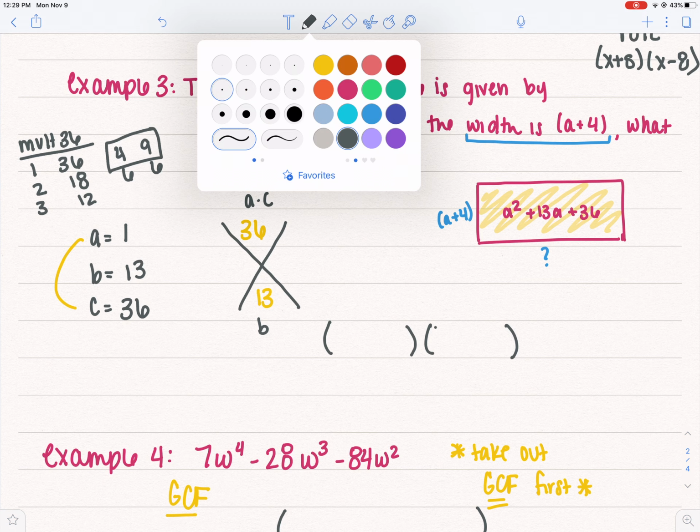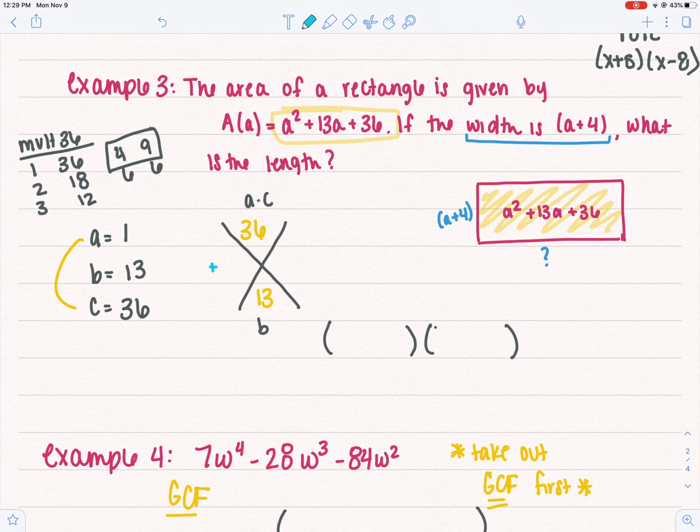Because everything is positive, my two factors are going to be positive 4 and positive 9. By everything being positive, I mean because A times C is positive and B is positive, I know that it's positive 4 and positive 9. Well, they gave me one factor of A plus 4.